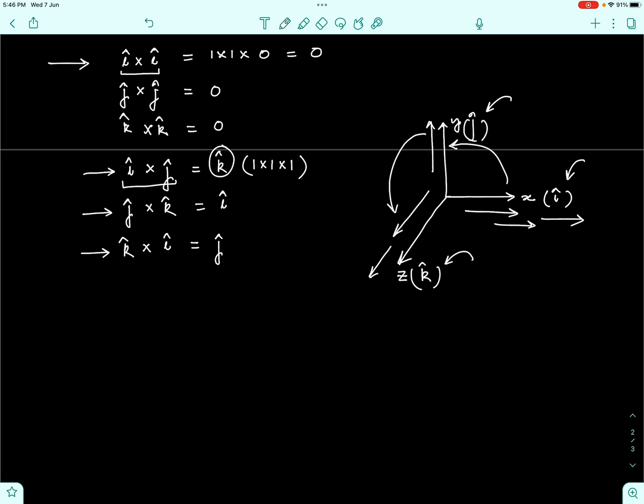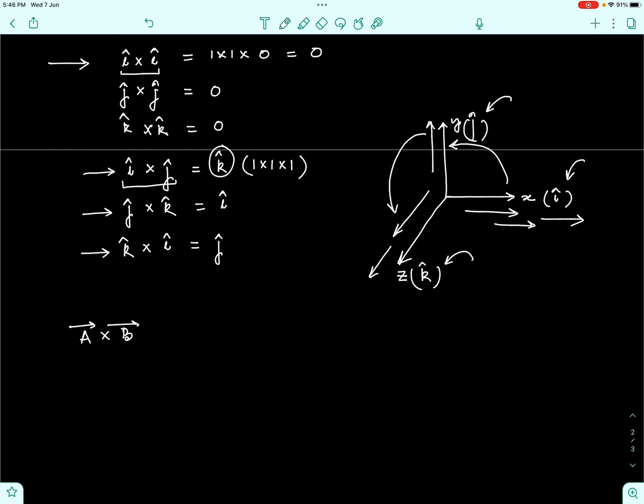So this is an important result, knowing the cross product of any pair of unit vectors and finding out the corresponding result in terms of the third unit vector. Understand that instead of doing i cap cross j cap, I could have done j cap cross i cap. So we can see what happens there. To get the answer for that, we can first understand whether cross product is commutative or not.